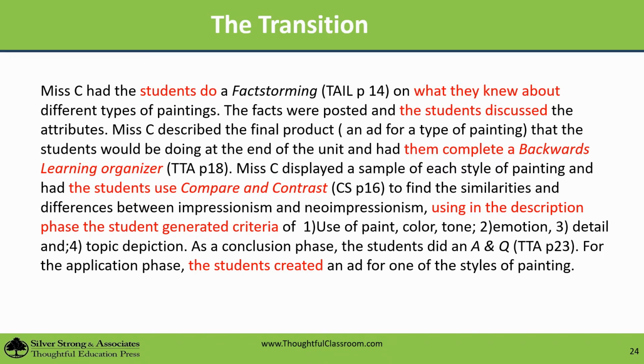She described the final product, which is going to be an ad for a type of painting. In other words, they're going to take their understanding now of the different genres, the different attributes, but we're going to take them over into a different type of thinking, a creating mode, in which they're going to create an ad for a painting that tries to sell a particular genre.